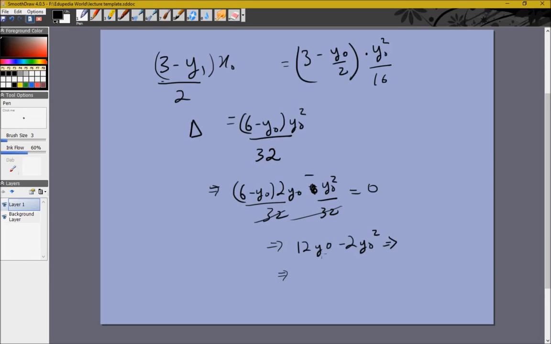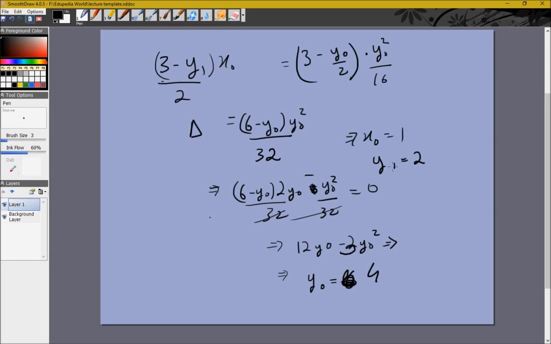Sorry, this is minus 3y0 squared because there's a 2 here. y0 will cancel, so 12 minus 3y0 is 0, and y0 is not 6, y0 is 4. y0 is 4 gives us x0 is 1 and y1 is equal to 2.